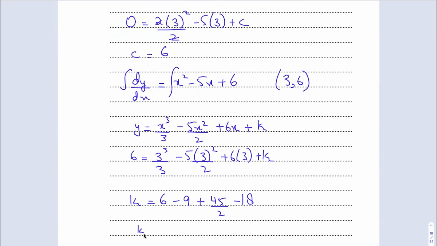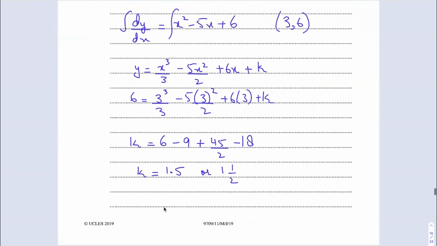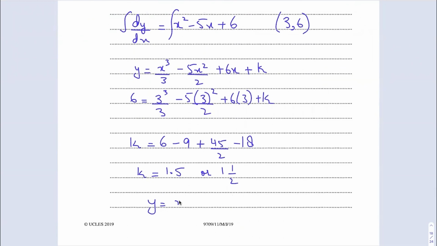So k equals 1.5, or 1 whole 1 upon 2. The final equation can be written as y equals x cubed upon 3 minus 5x squared upon 2 plus 6x plus 3 upon 2.